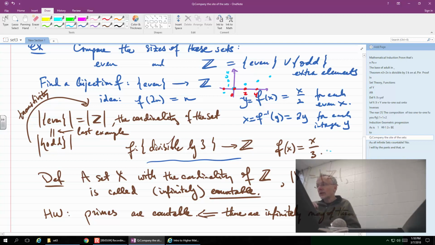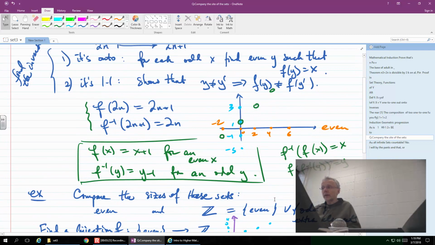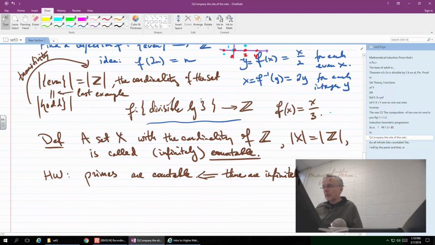You can imagine that x over 3 will also have a graph with slope 1/3, and then once again skip all the numbers but the integers, so it will be just a bunch of points on that line. The example that we started with, the equivalence between the odd and even, has, as you can see, slope 1. So all of these examples are quite applicable.